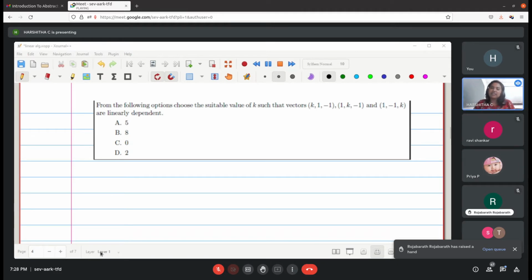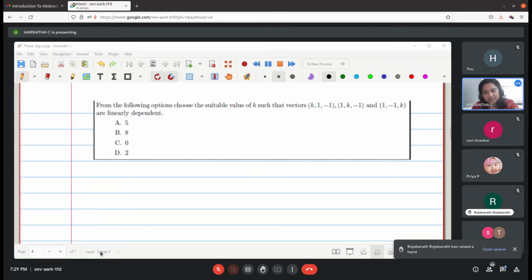Yeah. So, can you tell me what is the definition of dependent? What do you mean by these three vectors are dependent? Ma'am, there exists a linear combination through which we can get the equation value 0.